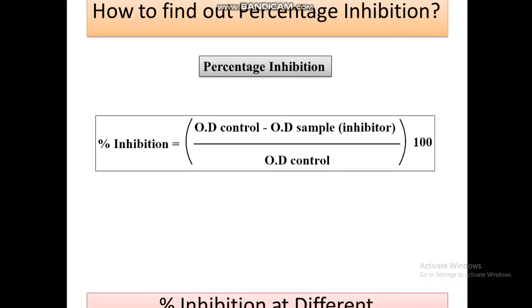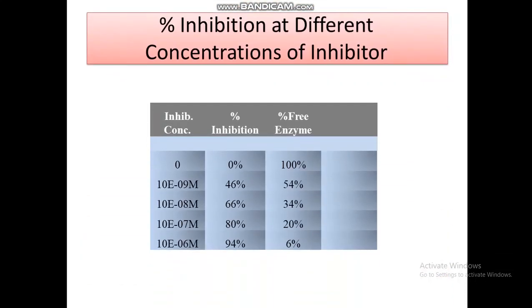After this we will find out the percentage inhibition at different concentrations of inhibitor. Let's suppose 4 or 5 different serial dilutions. We will make serial dilutions of our enzyme inhibitor concentration, and then calculate the percentage inhibition at all these concentrations. Let's suppose, for example, at our first inhibitor concentration we get 94% inhibition.